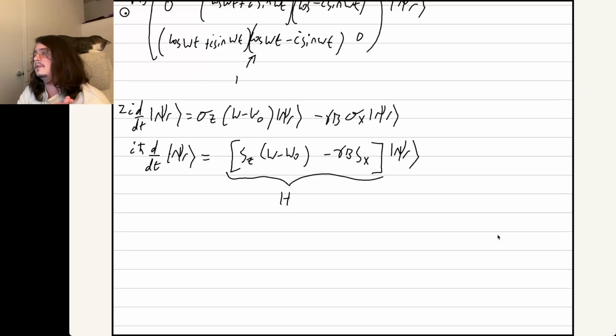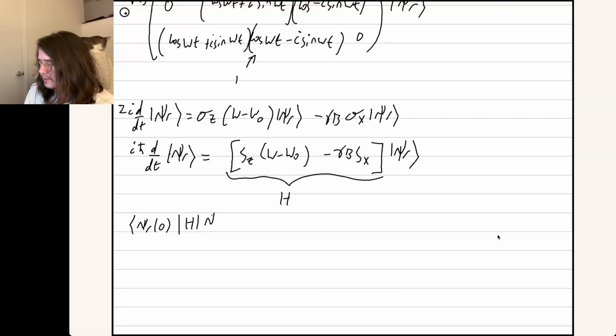Cool. Now that we have our Hamiltonian, we need to check that our expectation value for the spin is still going to be okay. So what that is saying is we need to look at psi r 0, H, psi r 0, and check that we get h bar omega over 2.